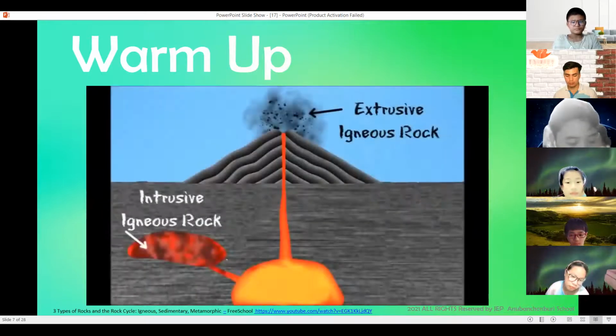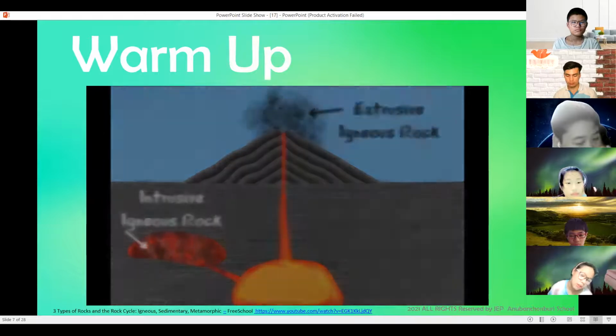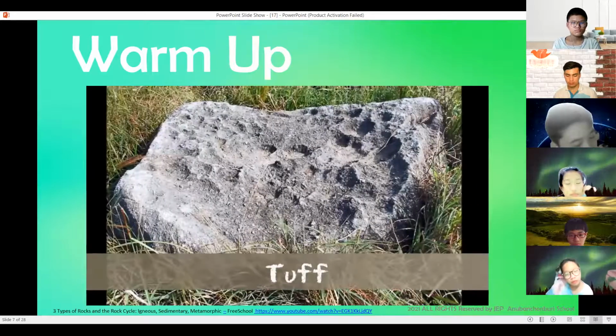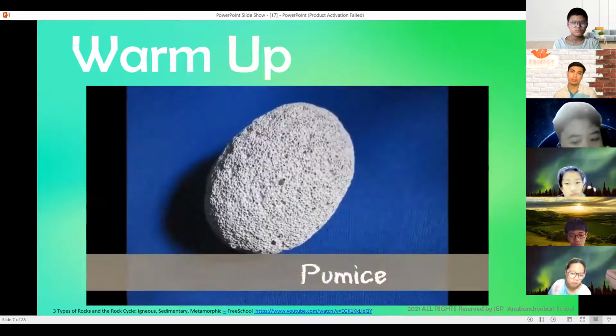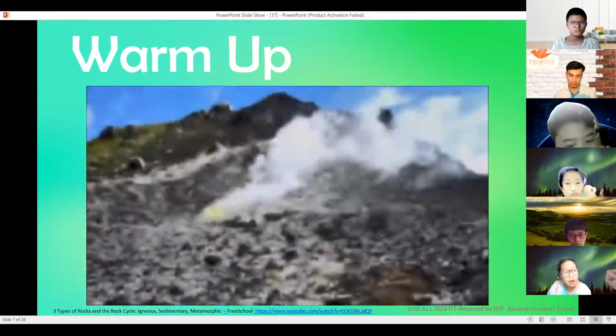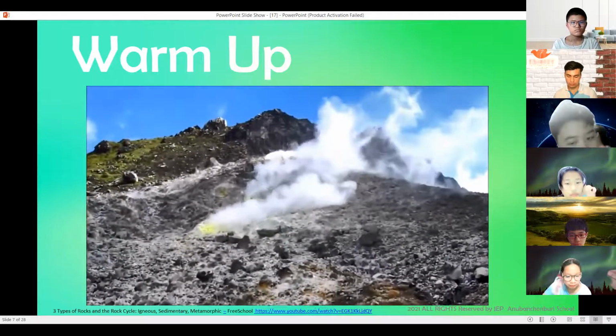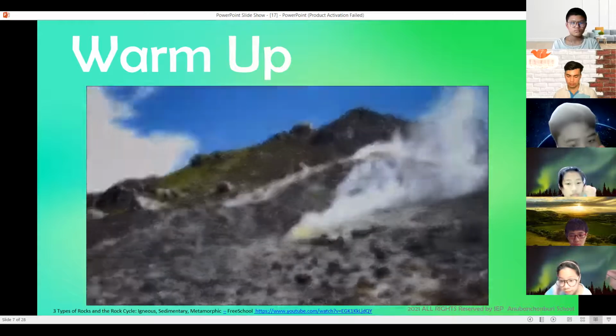This forms extrusive igneous rock. Some examples of extrusive igneous rock are tuff, obsidian, and pumice. Igneous rocks make up about 95% of the Earth's crust.